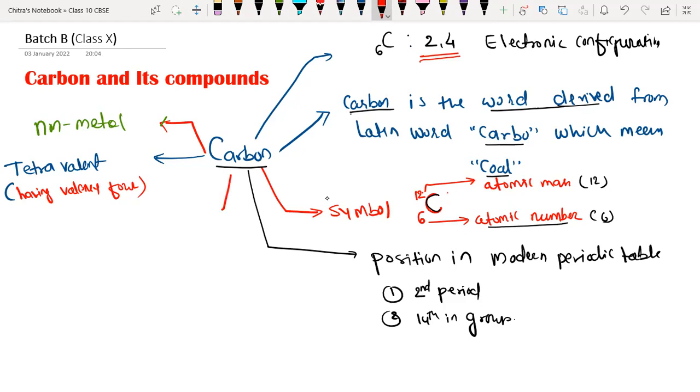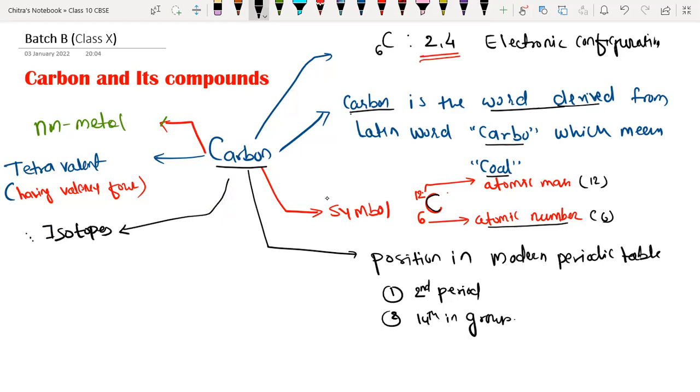Now we are going to discuss isotopes. So I'm writing here isotopes. What are isotopes? Any idea? Elements having the same atomic number but different atomic mass. Carbon has 3 isotopes.